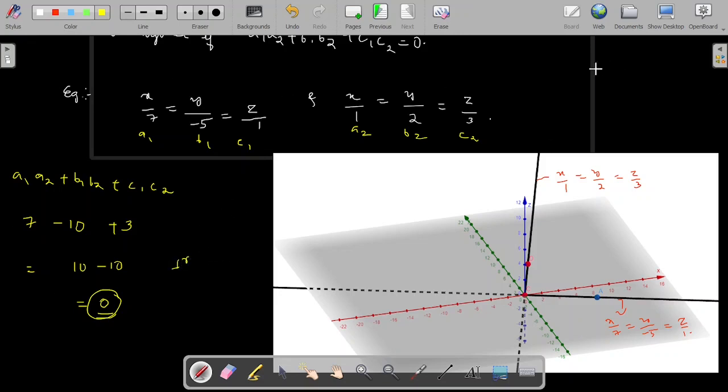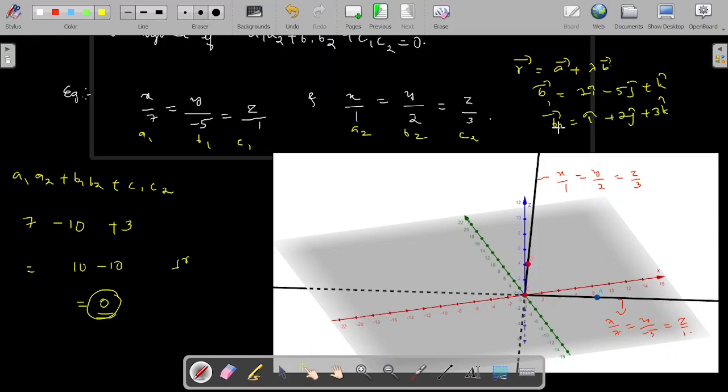Now the same lines can be represented using the vector equation, that is r vector is equal to a vector plus lambda into b vector. The directions of these vectors are given by b1 vector equal to 7i cap minus 5j cap plus k cap, b2 vector equal to i cap plus 2j cap plus 3k cap.